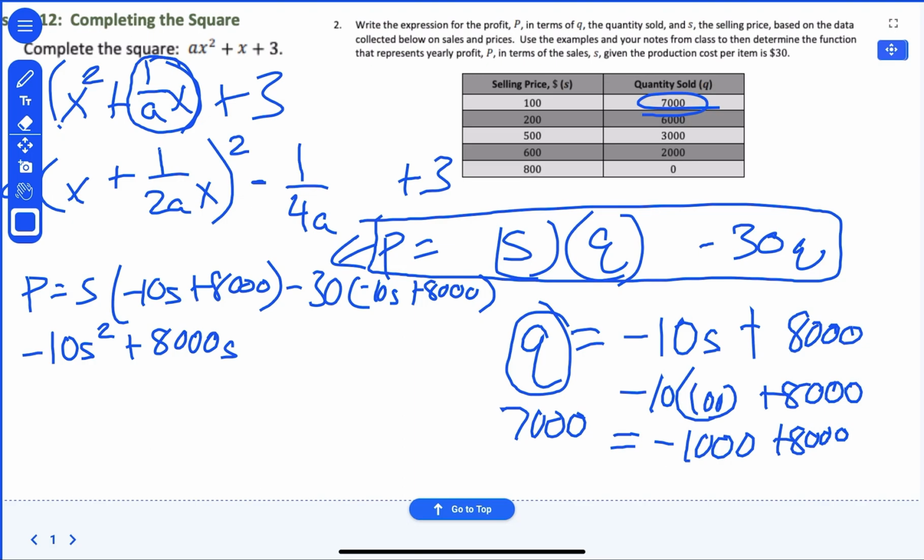We're just plugging Q into that equation. Okay? Now, what's a negative 30 times a negative 10S? What's a negative 30 times 8,000? Negative 240,000?